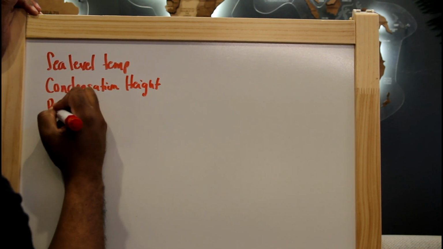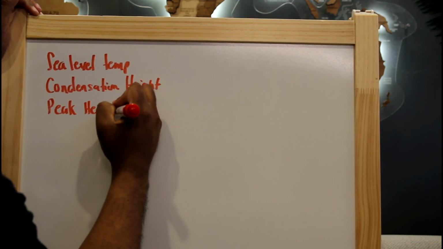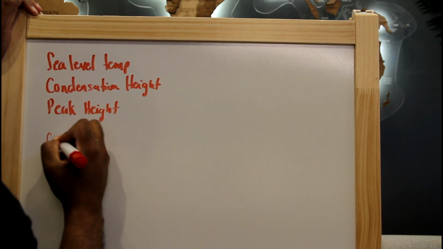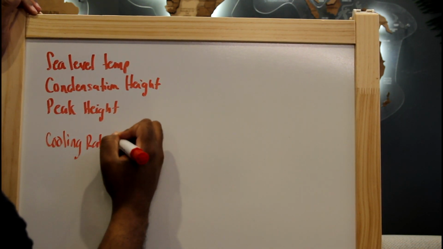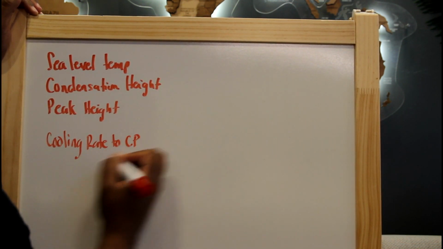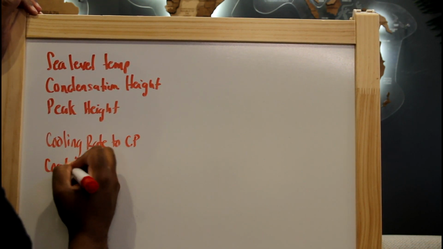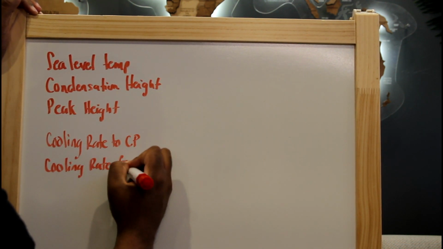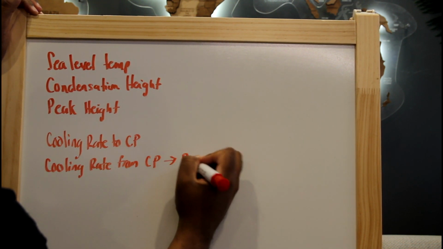The third is going to be the peak height of whatever elevation that you're looking for. And then you're going to need the 2 cooling rates. So the cooling rate to the condensation point, and lastly, the cooling rate from the condensation point to the peak.